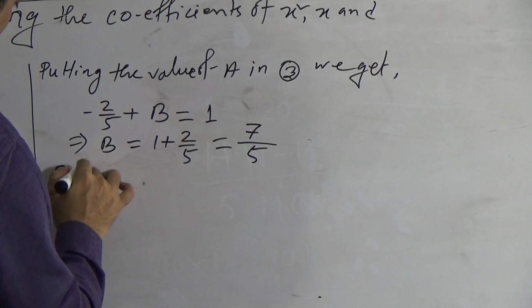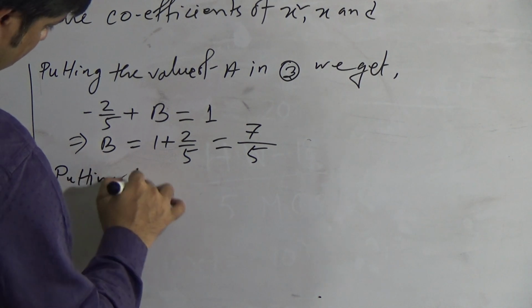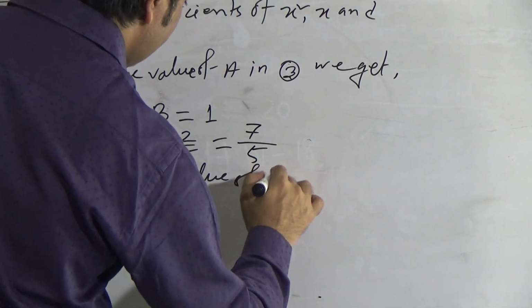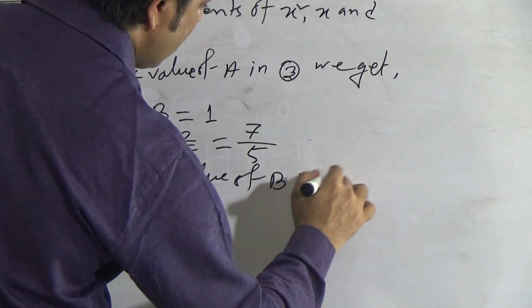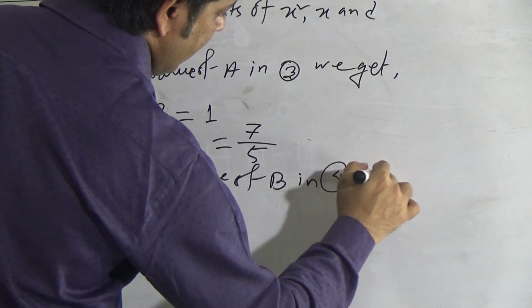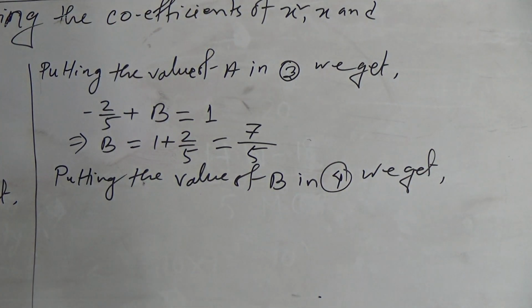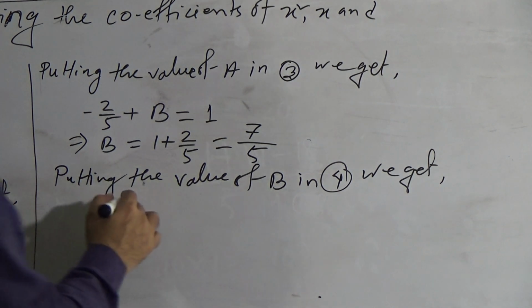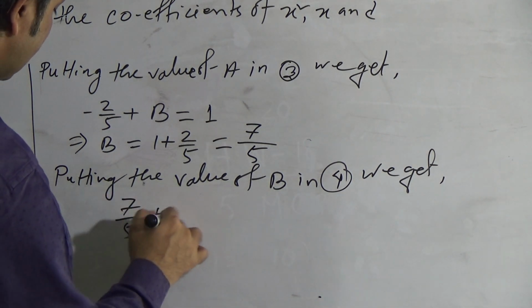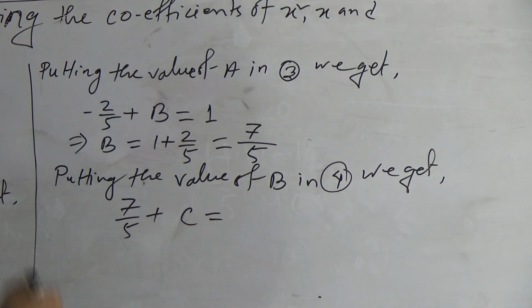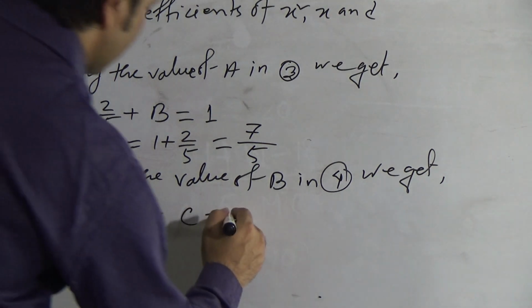Putting the value of b in 4, we get 7 by 5 plus c, that is equal to minus 4.